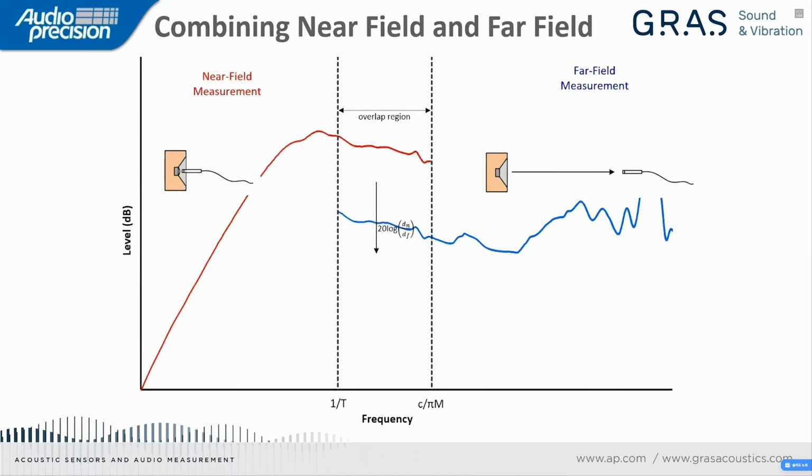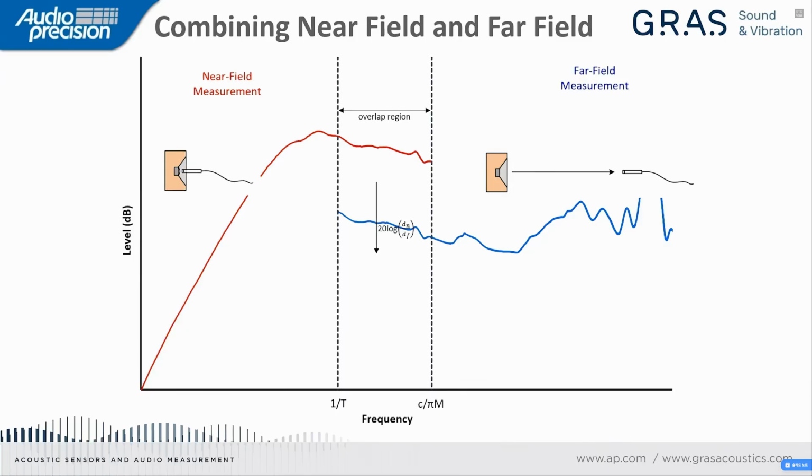So we can achieve our near field measurement. We have our far field measurement, and to get an overall response, we need to combine the two.